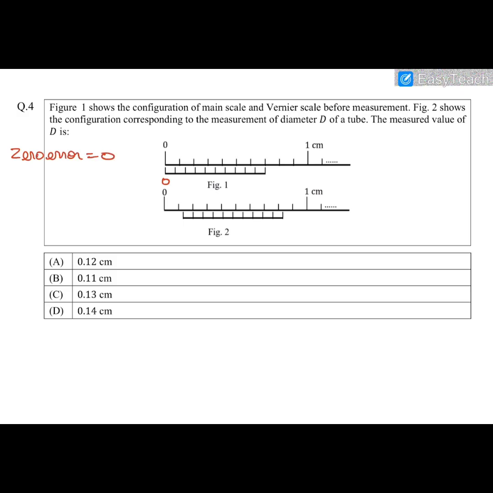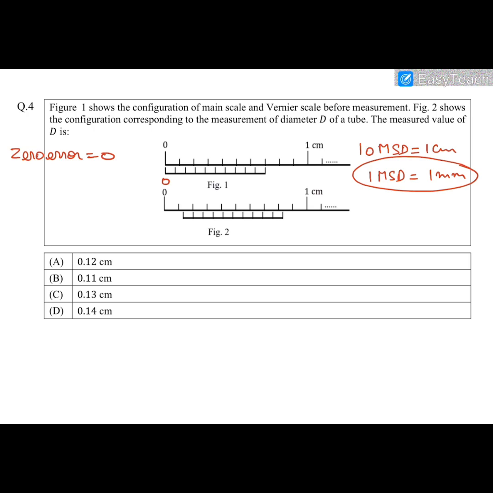Okay, and you can see that there are 10 divisions on the main scale which are equal to 1 centimeter. So we can say that 10 MSD are 1 centimeter, so 1 MSD will be equal to 1 mm.